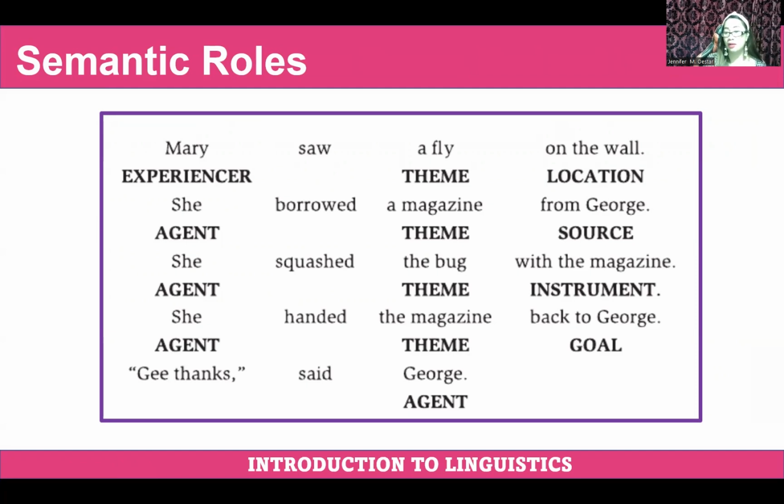She squashed the bug with the magazine. She is the agent, the bug is the theme, with the magazine is the instrument. She handed the magazine back to George. She is the agent, magazine is the theme, and to George is the goal.